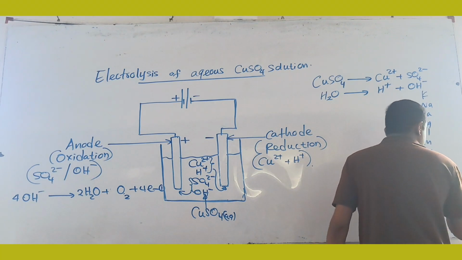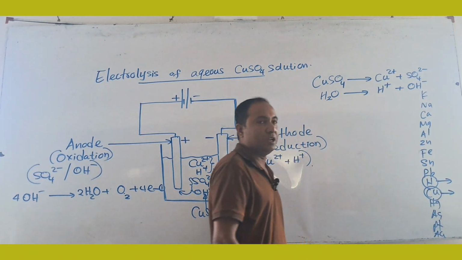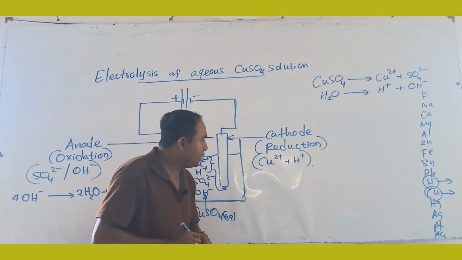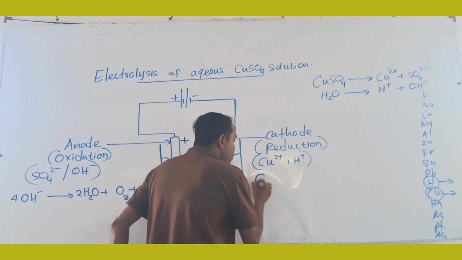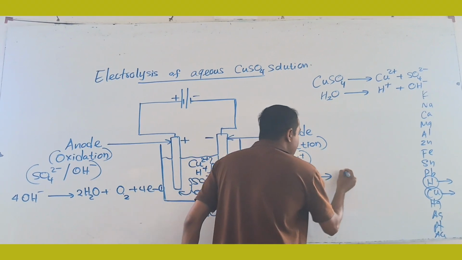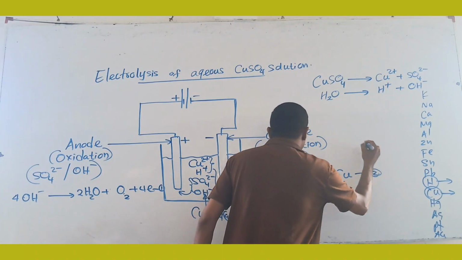Hydrogen is the upper element, copper is the lower element. As I told you before, the lower element receives the electrons. Therefore, Cu2+ receives 2 electrons and forms copper. This is equation number 2.